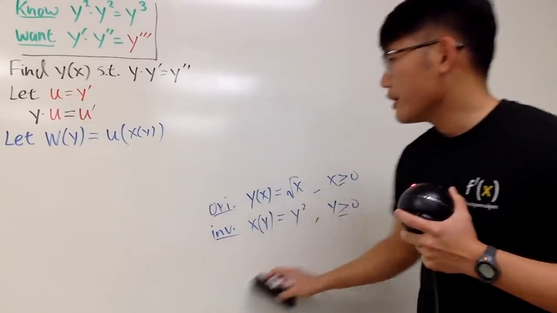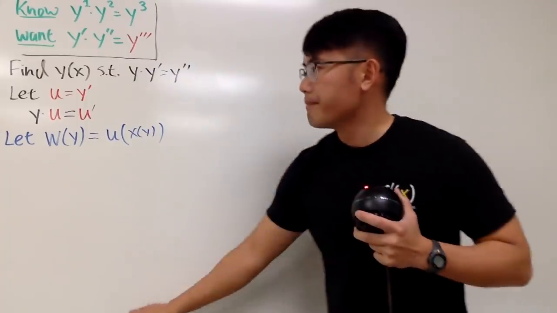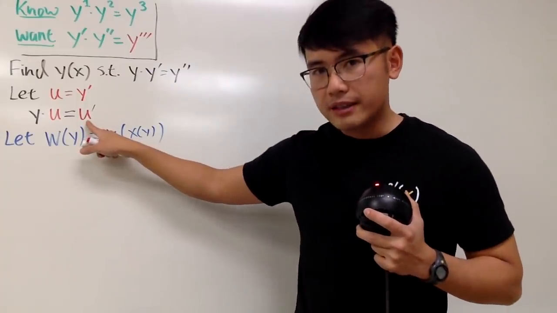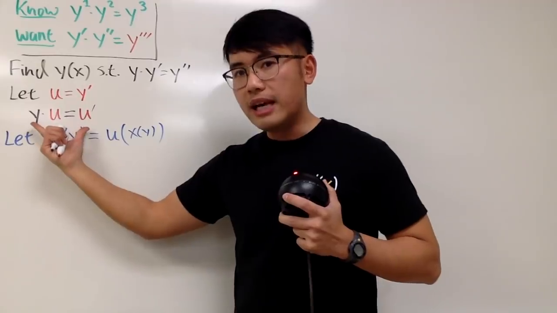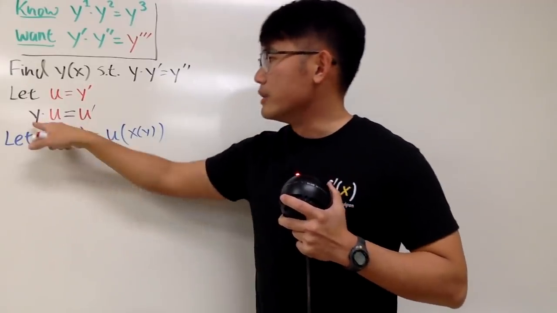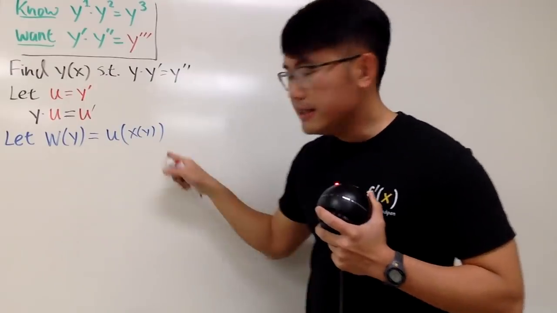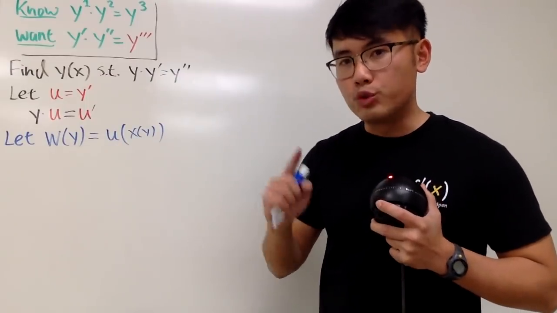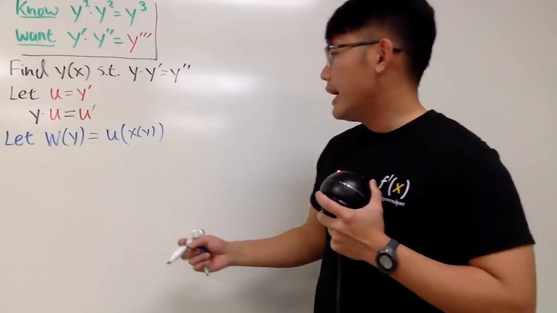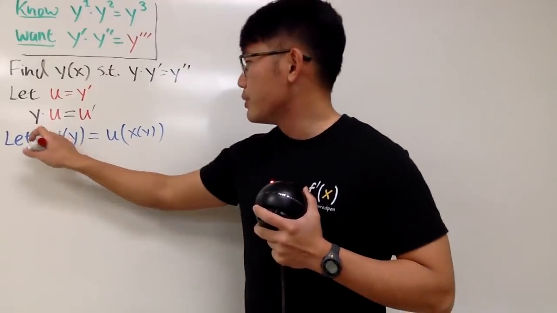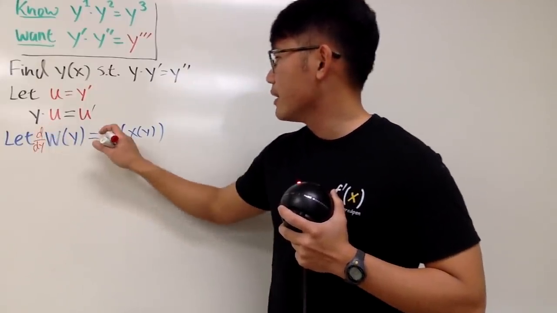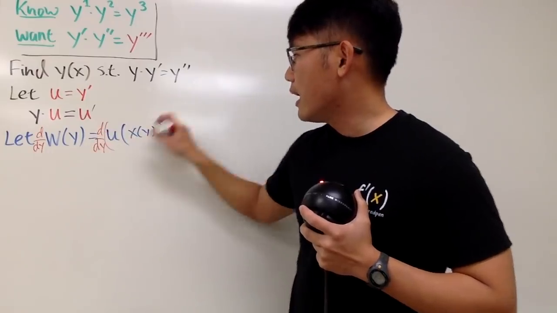So what we are going to do next is look at the right-hand side. Again, we are treating this as a new equation with y being the independent variable. I want to look at this now and differentiate both sides with respect to y. To do so, let me just put on d/dy on both sides.